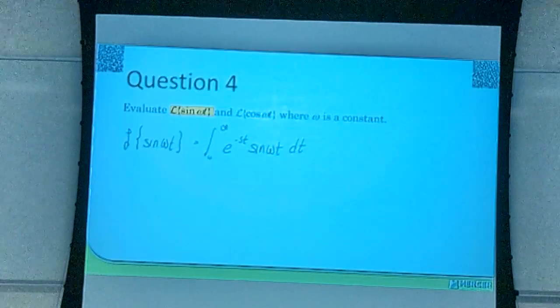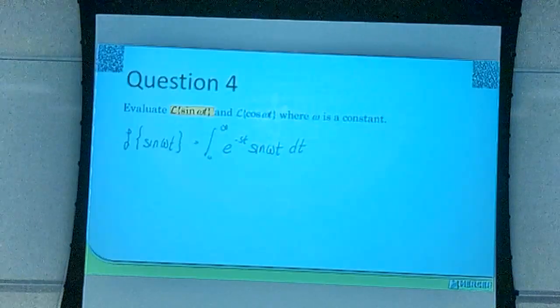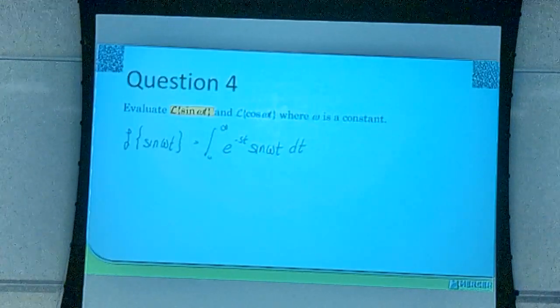Except you have to do it twice and then algebraically solve. Again, you should have done this in Calc 2. I'm jumping right to the table.